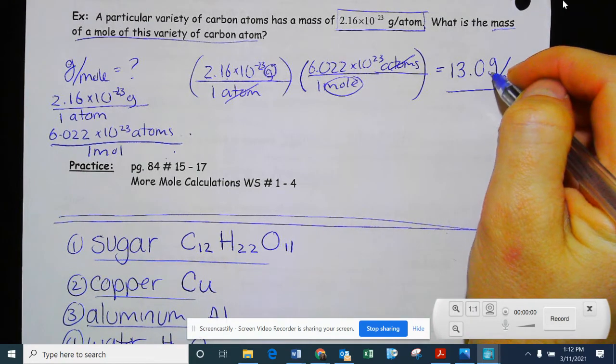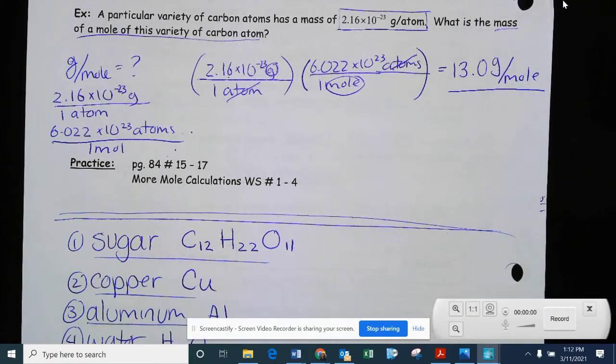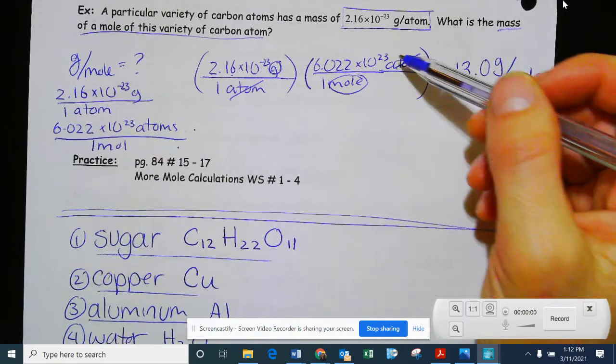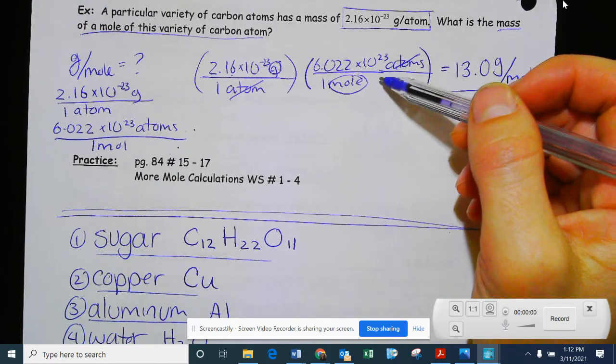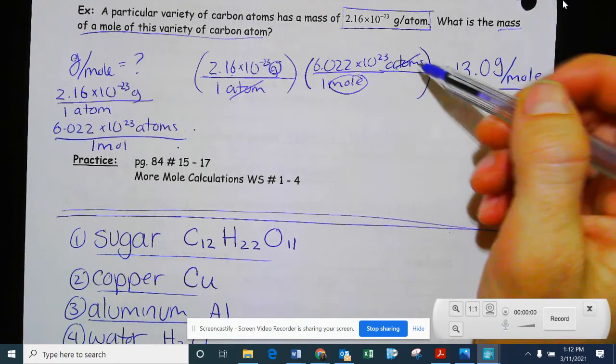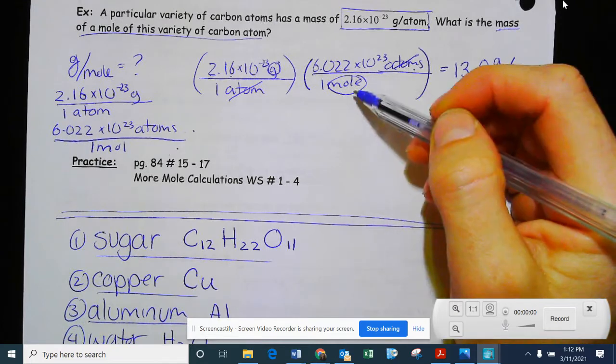That's a 3, not a 9. Yes. No, so there's this many atoms in 1 mole.